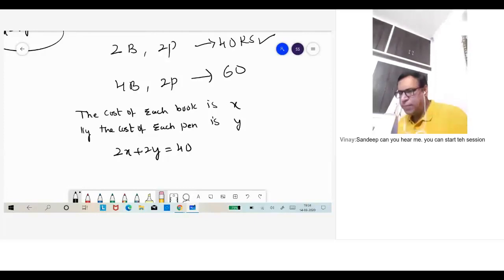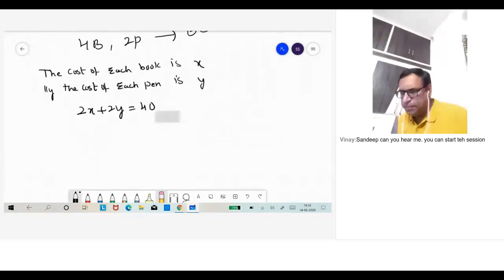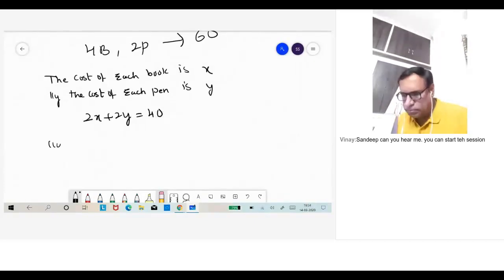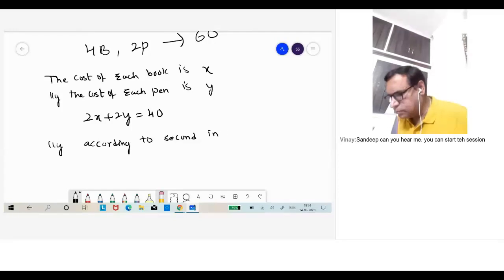Now, according to the second information, what is happening? 4 books.